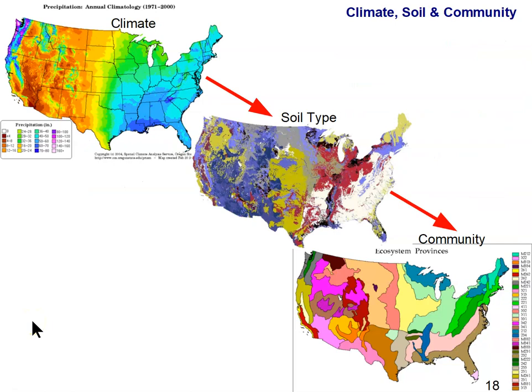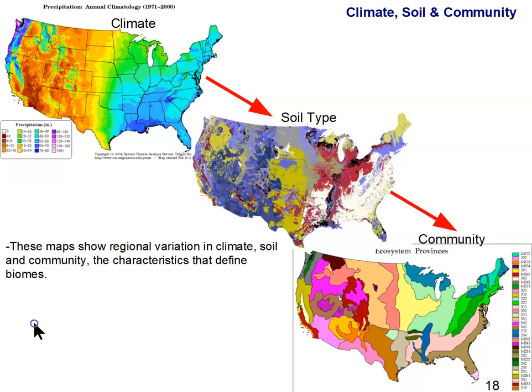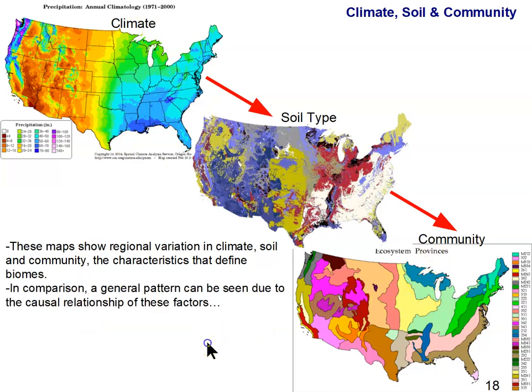I put this slide together just to emphasize the relationship between climate, soil, and community in defining the different biomes. So each of these maps shows regional variations in climate and soil type and the community.